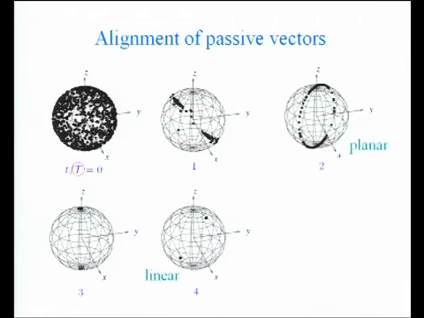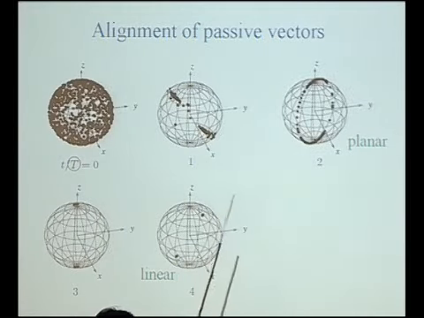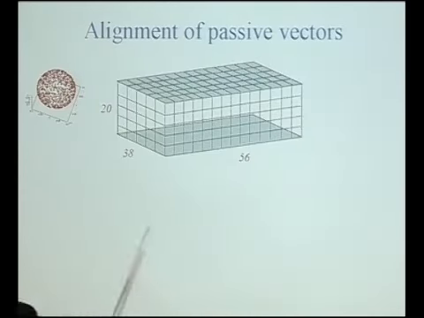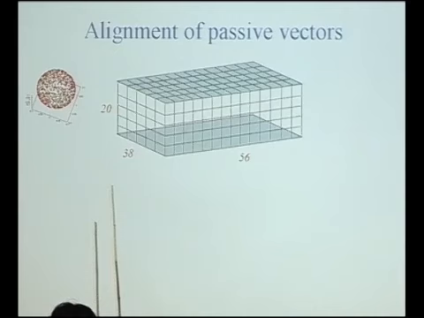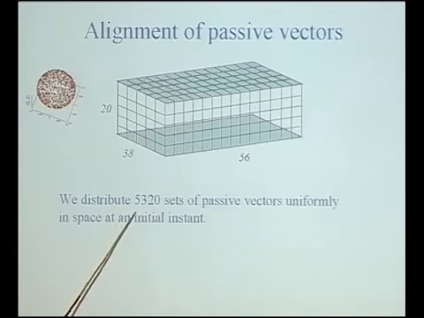After three and four periods, in this case, they aligned on a line. We see only 2 points, and we call this linear type, and so on.